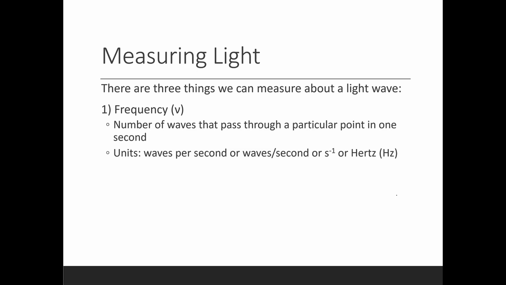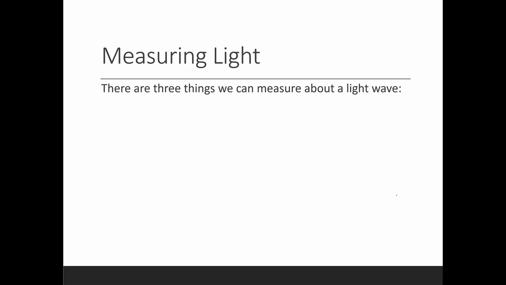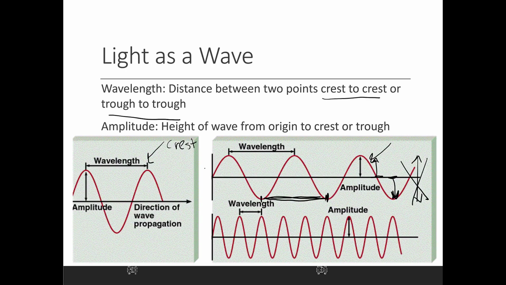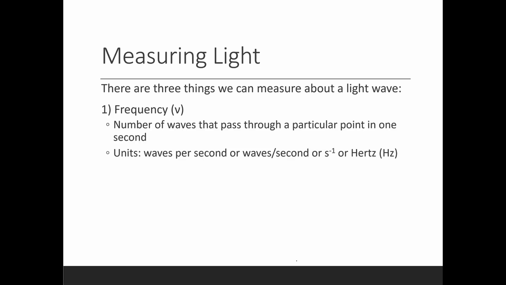So if we go back to this image on the last slide, this wave A here has a lower frequency than wave B. If there was some arbitrary point right here, wave B would have more waves pass through that point in any given second than wave A. So wave B has a higher frequency than wave A. And this is measured in waves per second, or sometimes the waves is left off and it's just per seconds, or seconds to the negative first.